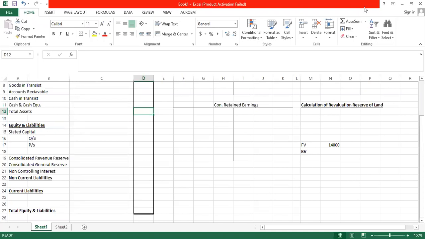Equity, yeah, someone has given the correct answer. So net assets simply means the equity. No need to find it like total assets minus non-current liability minus current liability. It's easy. You just take the equity part.